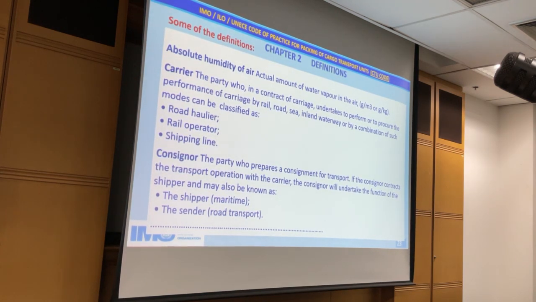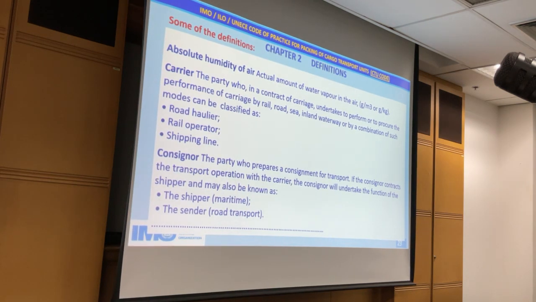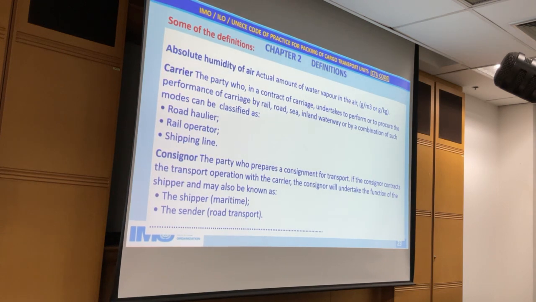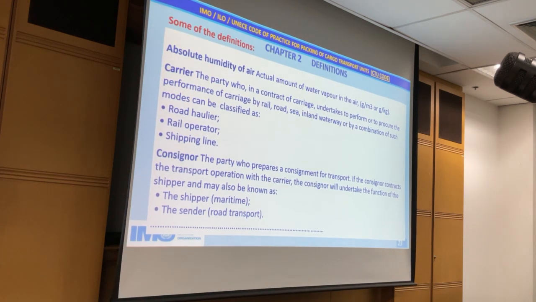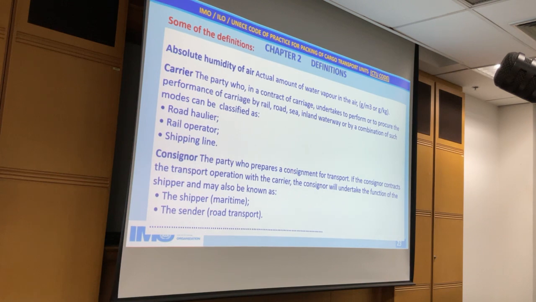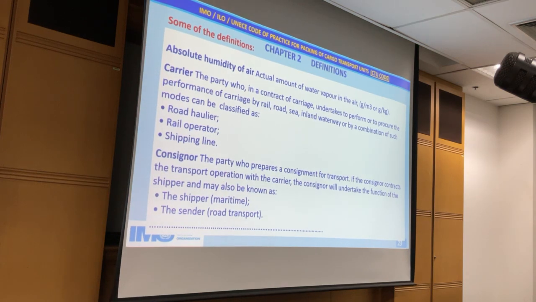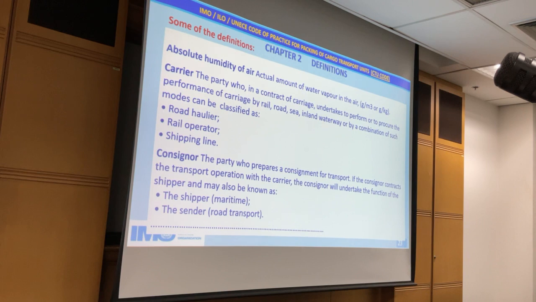If it is road transport, it is called the sender. The party who prepares a consignment for transport. If the consignor contracts the transport operation with the carrier, the consignor will undertake the function of the shipper and may also be known as the sender or the shipper himself.